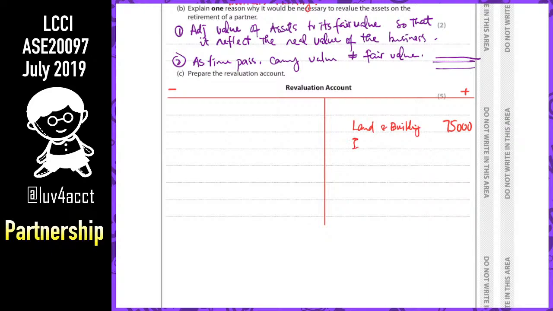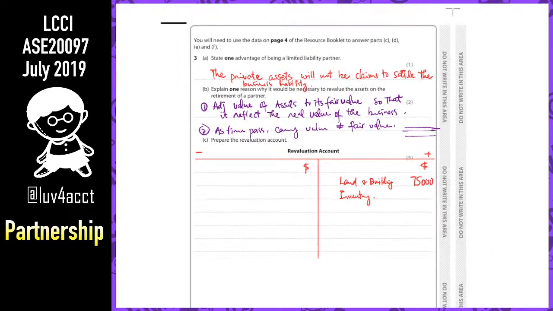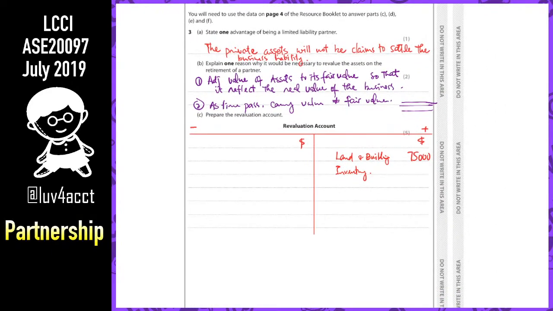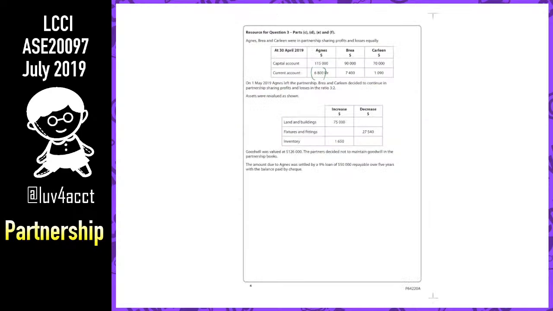I remember we also have an increase in inventory. So the date, what is the date? 30th April.